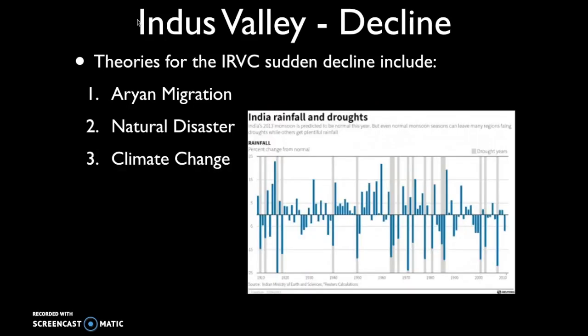The theory that most historians examining this question today are looking at is climate change, that this region has some pretty dramatic shifts in its climate as a result of the monsoon winds, and there's some scientific evidence to suggest that the period where the Indus River Valley civilization collapsed corresponds to widespread drought in this region. And so when we're thinking about what causes civilizations to rise and ultimately to collapse, be aware of this factor, climate change, because it can lead to the rapid decline of civilizations as we see with the Indus River Valley civilization.